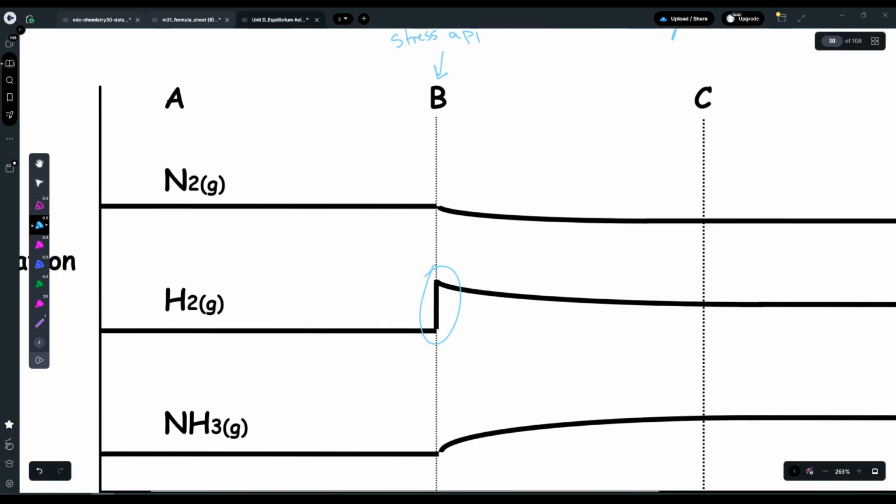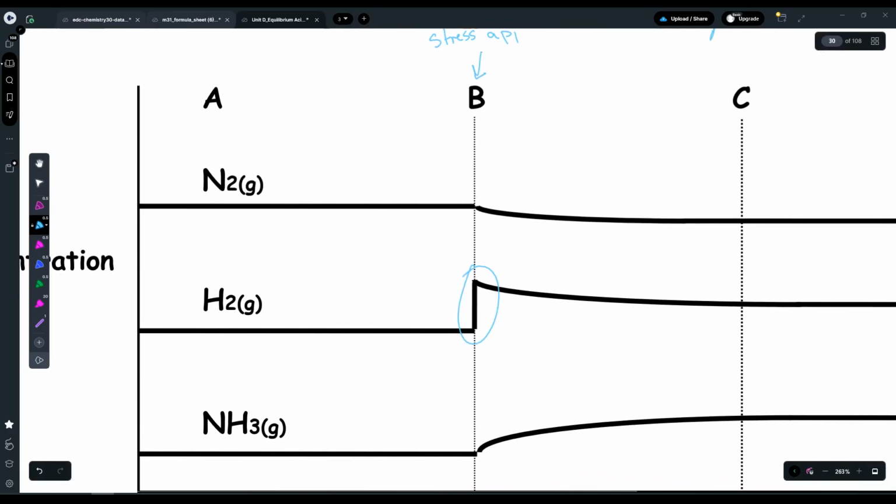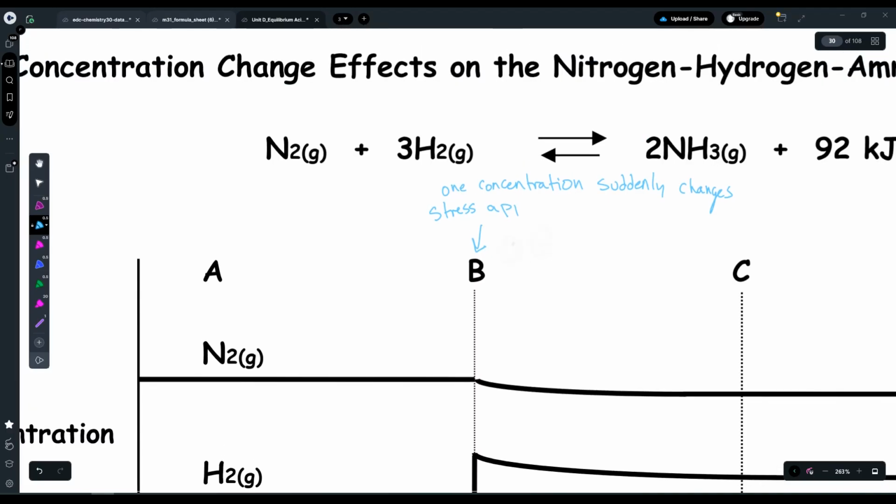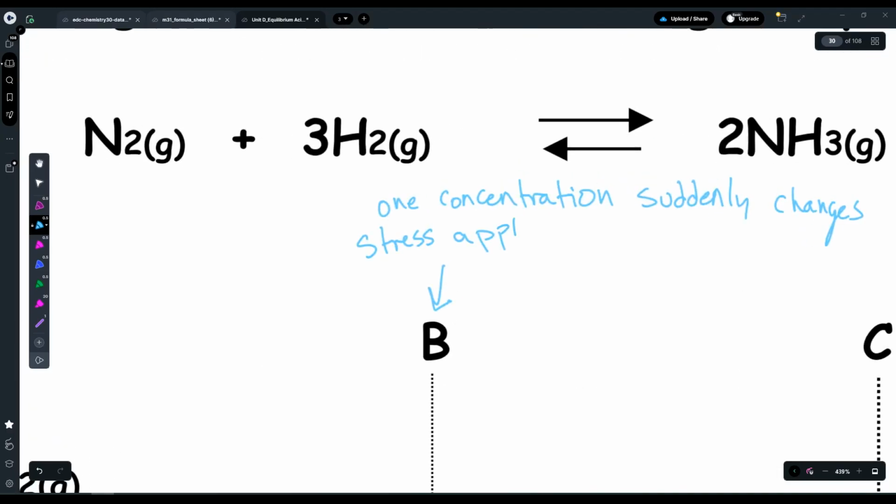So the stress applied is that the scientist added more hydrogen into the system. Okay, we say that it was added because the concentration of hydrogen suddenly goes up. So stress applied is the addition of hydrogen gas.